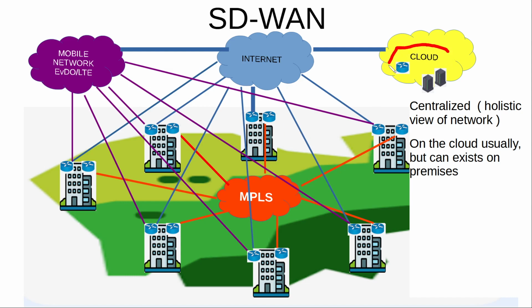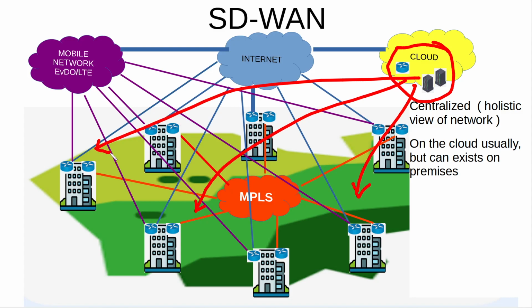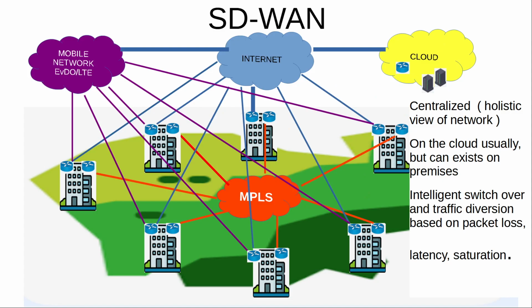So these centralized devices will have a complete view of your network. They will notice when one link starts to get more latency, when a link starts to get saturated, and so on. So you will be bringing intelligence with SD-WAN to switch over traffic or divert traffic when some of these issues happen. It will also be technology oblivious.